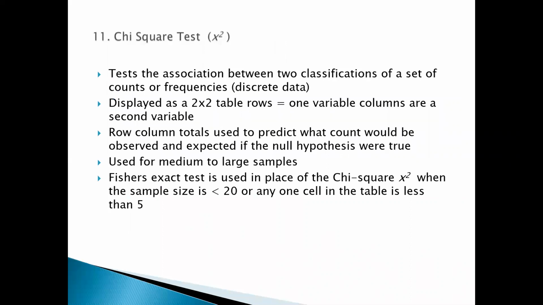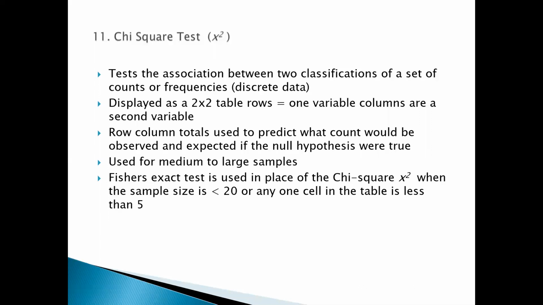One variable's rows and a second variable's columns. So you have 2 variables and you have numbers in the columns related to each variable. The row and column totals are used to predict what count would be observed and expected if the null hypothesis were true. It's used for medium to large samples, okay?